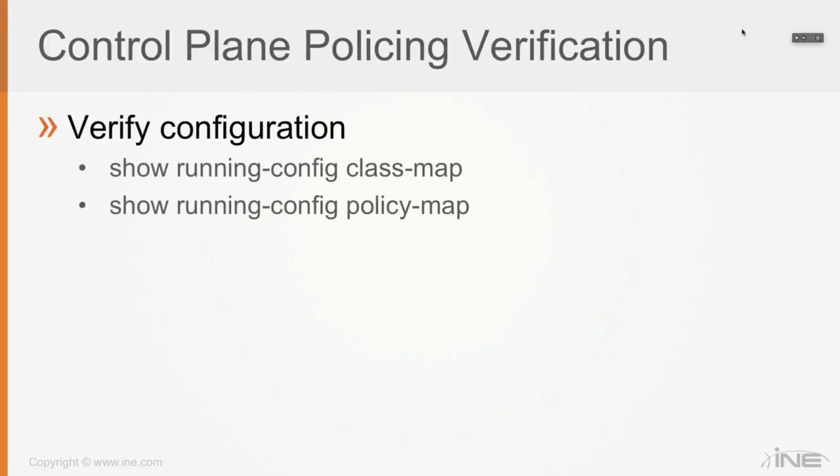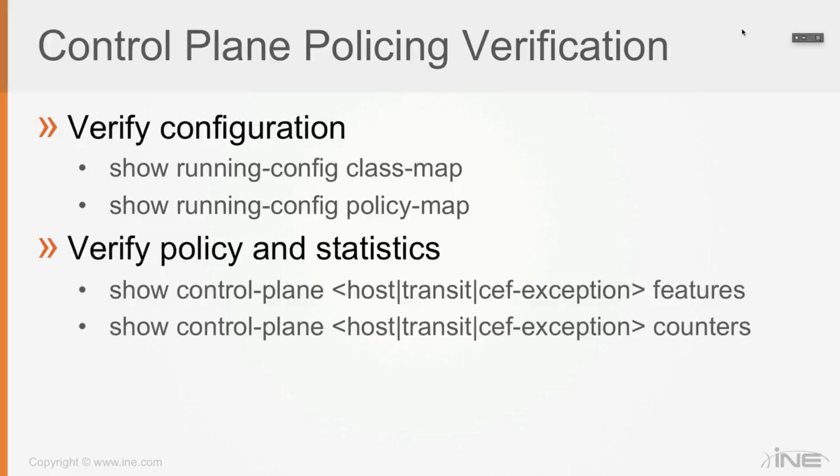Verification wise, the same two commands to verify the class maps and the policy maps. Now when we verify policy and statistics, we say show control plane, and we don't say aggregate, but we say for which of the virtual control plane subinterfaces we want to verify the features, if it was enabled, or the counters, which means how many packets have been allowed or dropped.